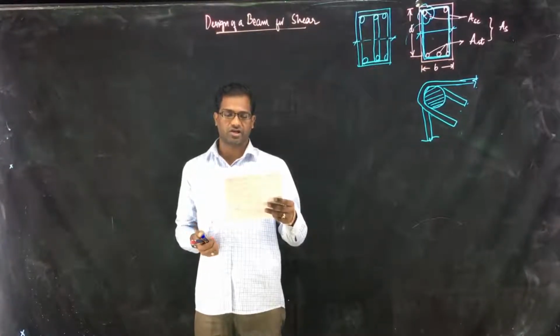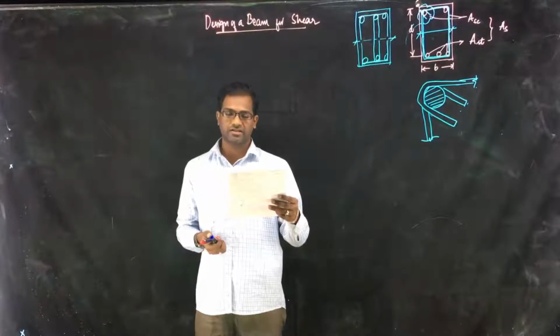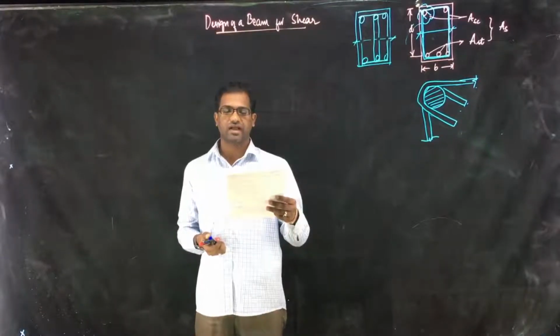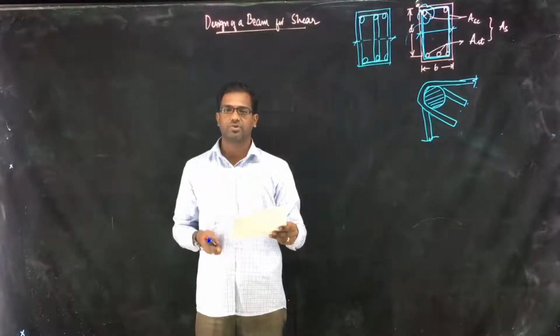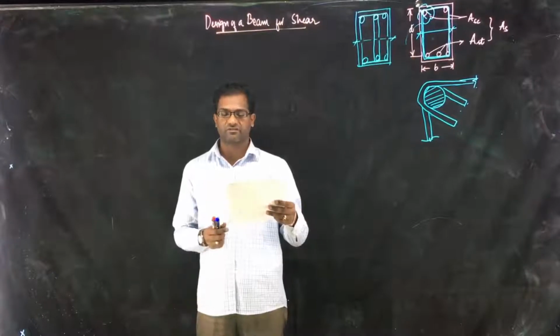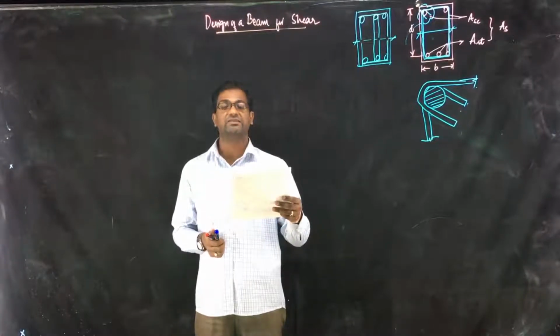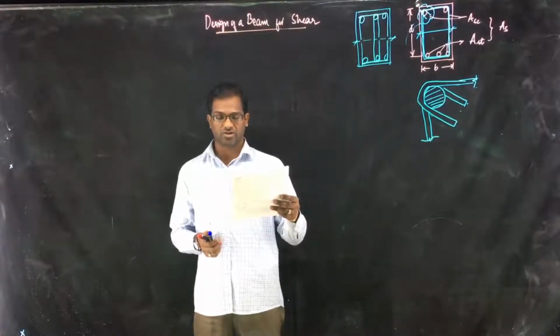The ultimate shear force at this section is 210 kN. Design the shear reinforcement. Use M20 and Fe415 grade steel. Sketch the reinforcement details. This is a university problem given in November-December 2018, R16 regulation.